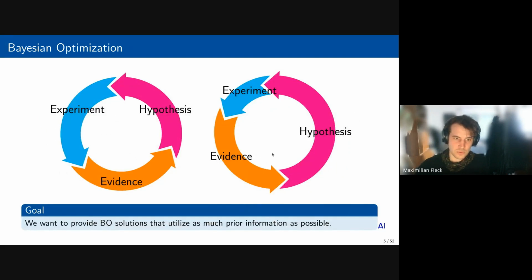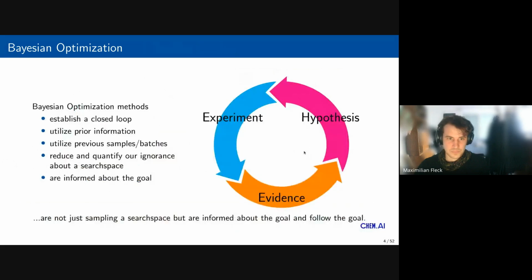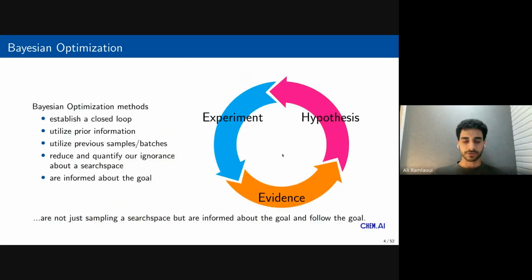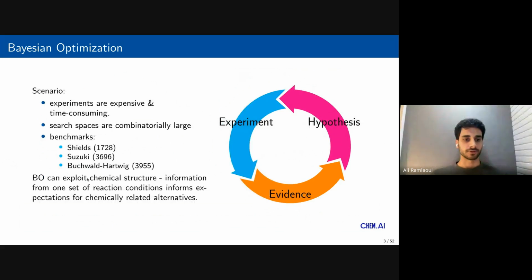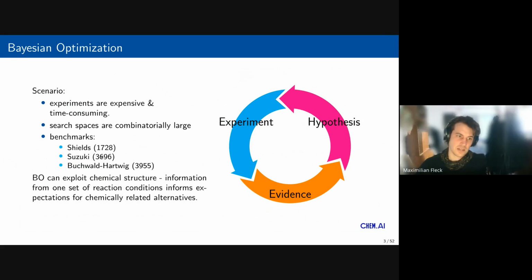Now, a very quick question regarding the last slide. The one before. When you were talking about the benchmarks, are those, for instance, data sets that experimentalists have come up with and that you use to evaluate a closed loop technique? Exactly, yes. The Shields, Suzuki, and Buchwald-Hartwig are benchmarks where the full search space is sampled, so they are complete, and that's why you can use them for benchmarking.